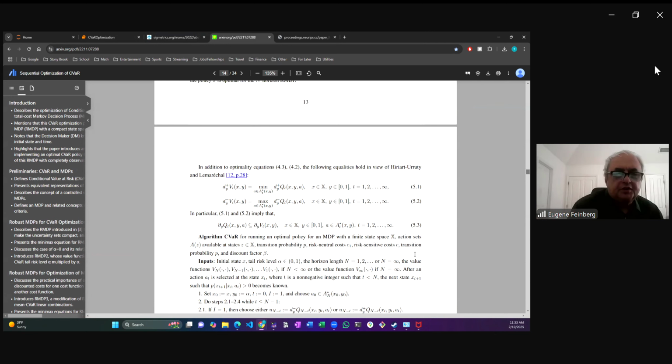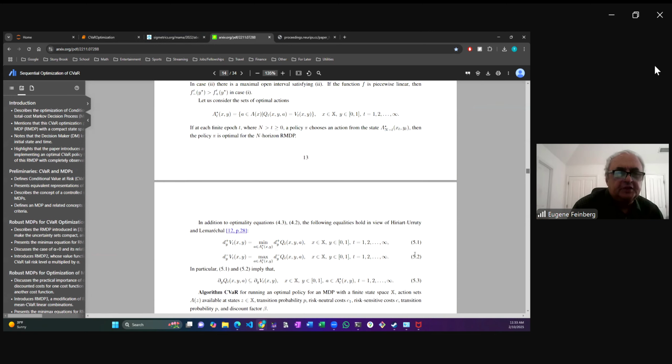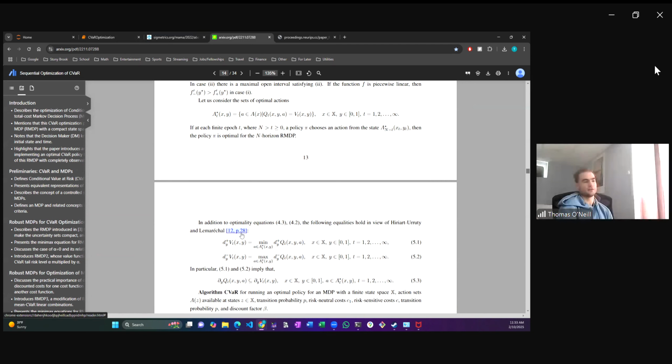I'm not sure that this is needed for the algorithm, but this theorem is written somewhere. Yeah, I think that will be. This is property 5.1.